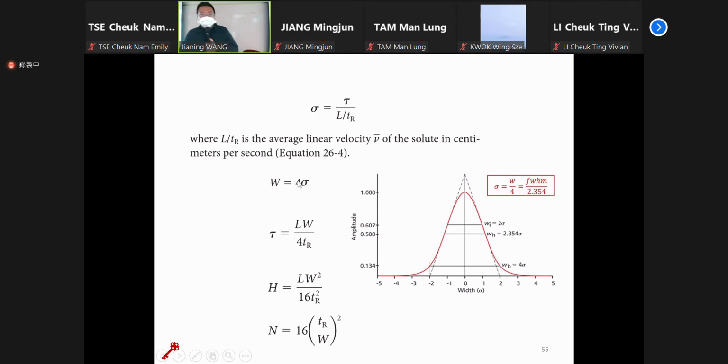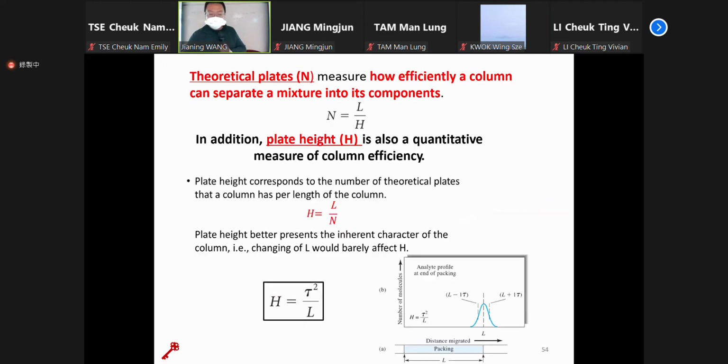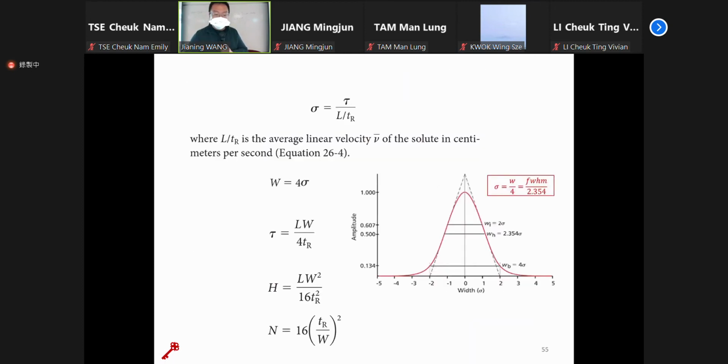We know the full width is 4 sigma, and then we can do some simple transformation. We know this one equals this, and from the last slide we can apply that relationship to this expression. We get h equals L W squared over 16 tR squared.